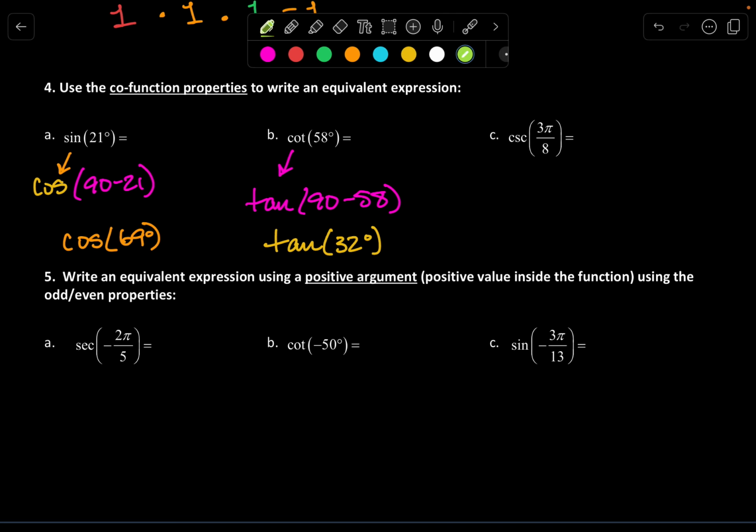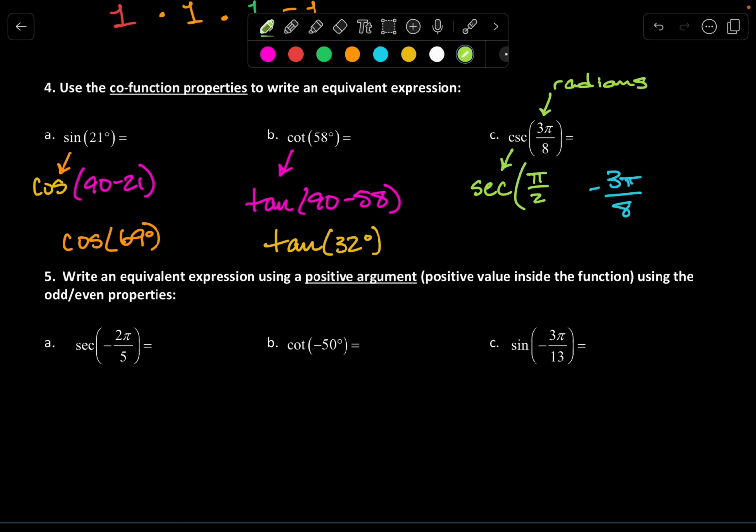Now, these can get a little confusing when they're in radians. So what you're going to do is get your cofunction. In this case, cosecant's cofunction is secant. Then you're going to take 90, which is pi over 2, and subtract the given angle.